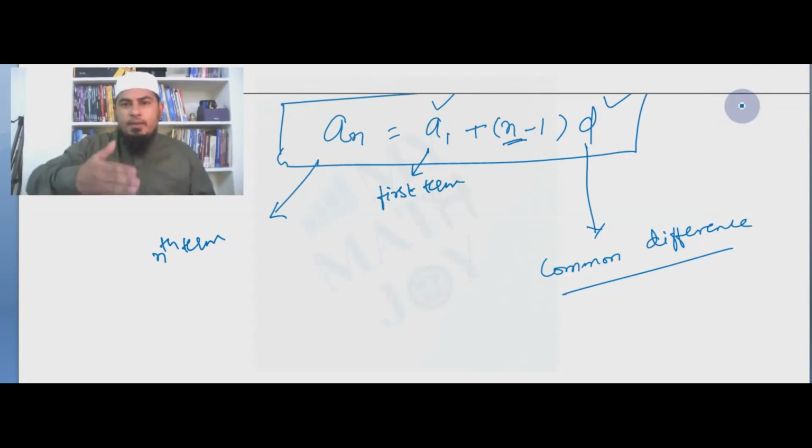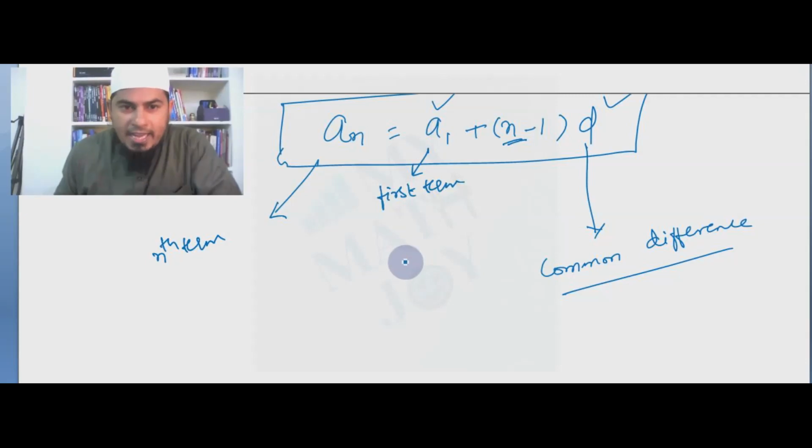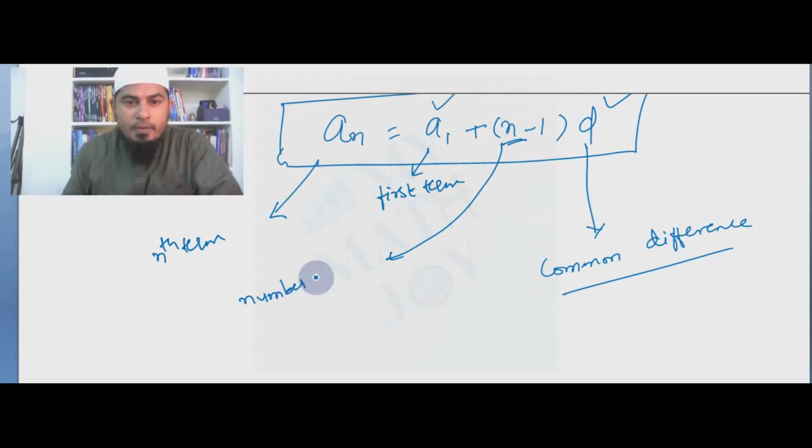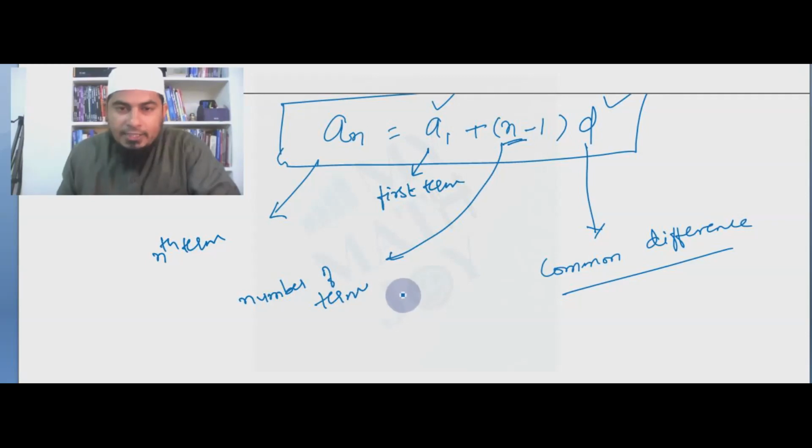So the number of terms is n. An is the nth term. N is the number of terms. From the start, if you count 1, 2, 3, 4, what number is it coming to? That is the case. N is the number of terms.